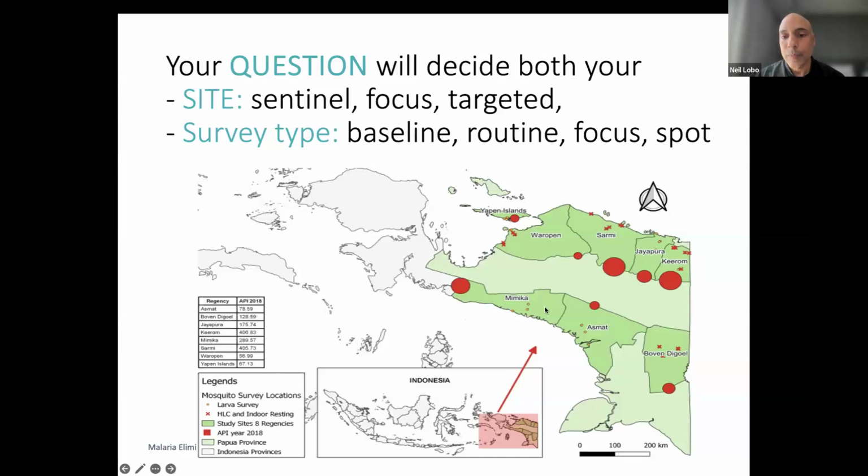They selected the darker green areas, and the X's marked the sentinel sites that they used to collect data to understand the mosquito drivers of transmission in those areas. This is just an example. I know there are going to be lots of questions, but please realize that these definitions don't necessarily dictate, but they will hopefully help you decide how to direct what you do.